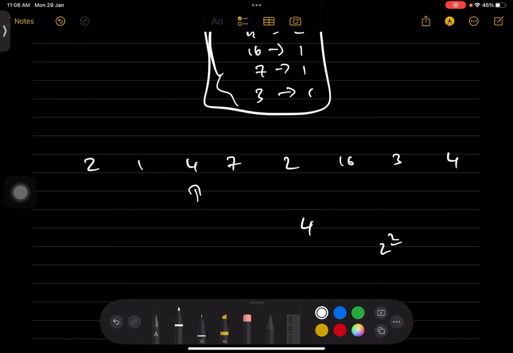Now, since the powers are always powers of 2, because of that reason, we can always try to choose the highest one, right?